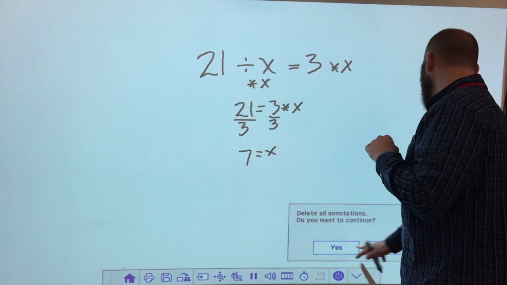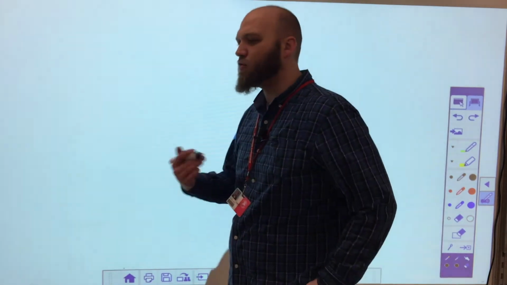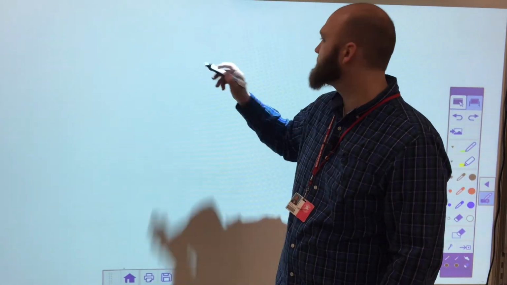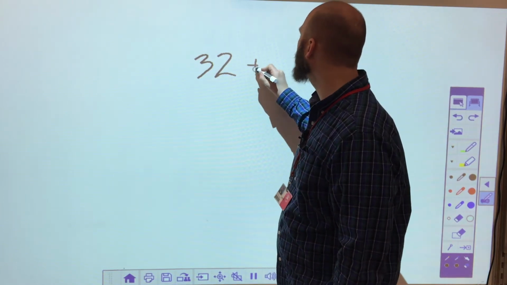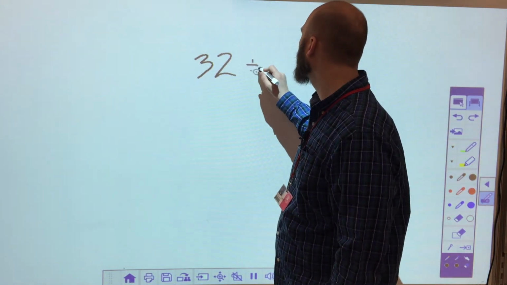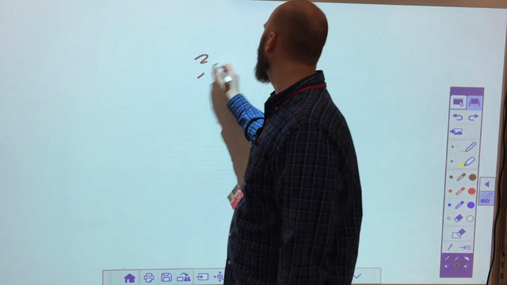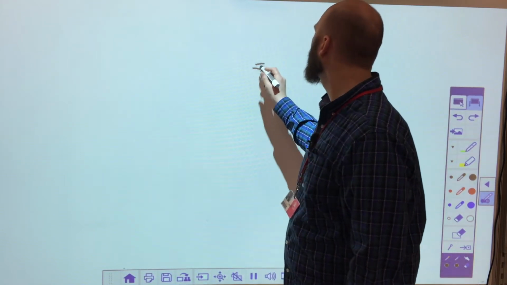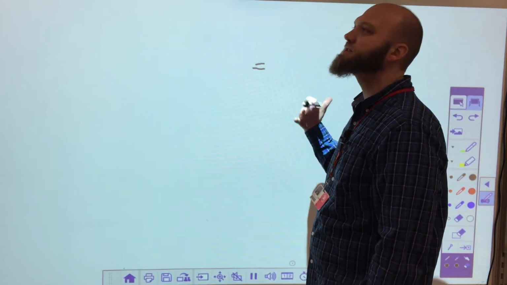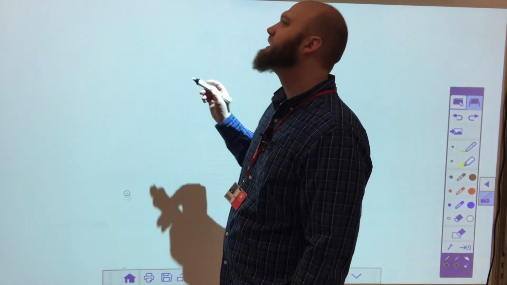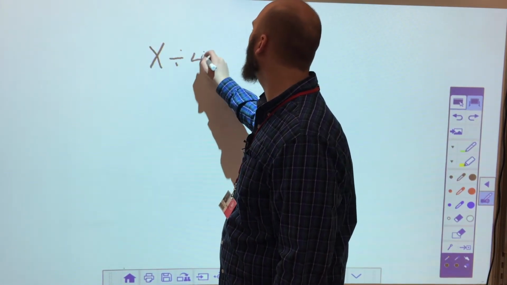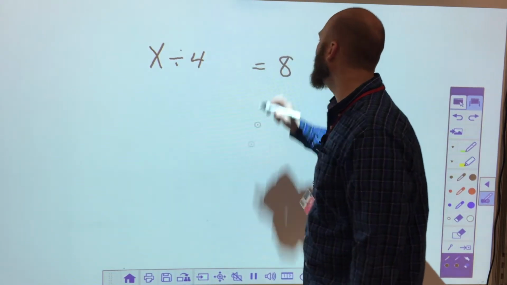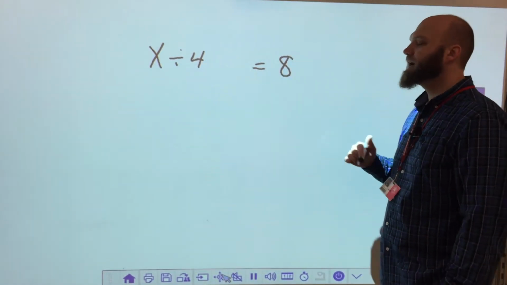Yes, it is. Let me rearrange that so it's not quite as jumpy. Let me just come up with a different solution here. So x divided by 4 equals 8, right?